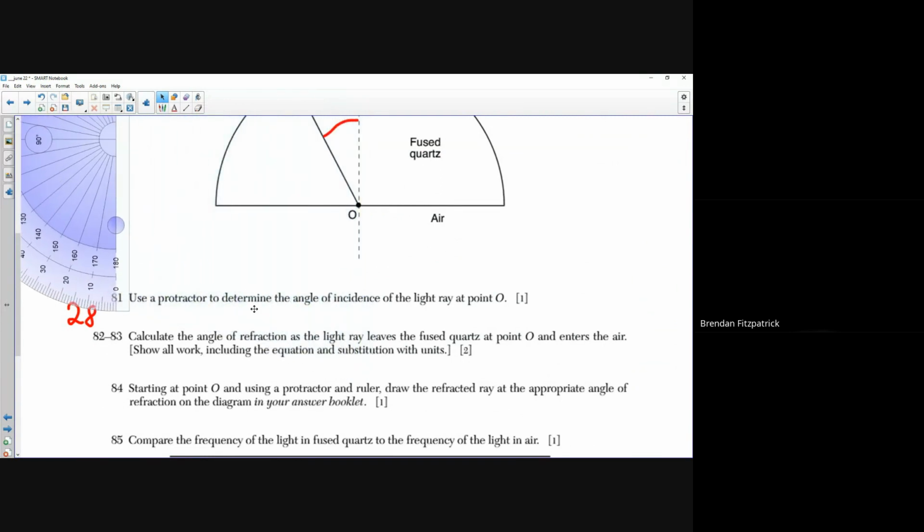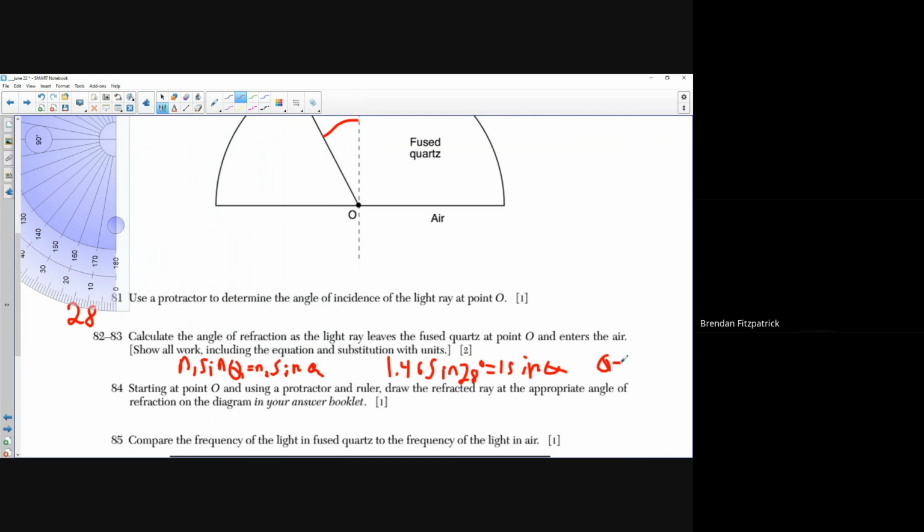Calculate the angle of refraction as the light ray leaves the fused quartz and goes into air. So I have to use Snell's law. Fused quartz, 1.46, sine of 28 degrees has to equal 1 sine theta.